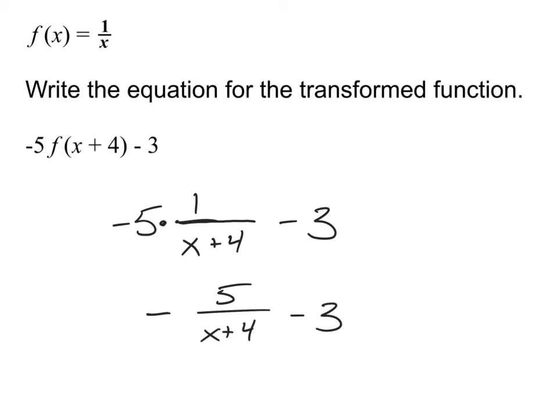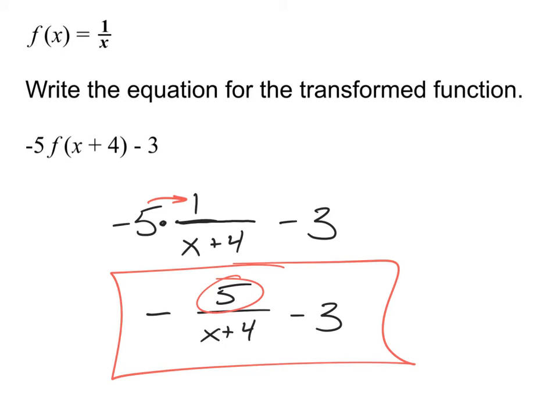And you notice the -3 is still just hanging out there. The reason is that 5 times 1 here gives me the 5. And anytime you're getting a negative, we tend to write the negative in front of the fraction rather than in the top of the fraction. We just say the fraction is a negative fraction. And so then I would call this your final answer.